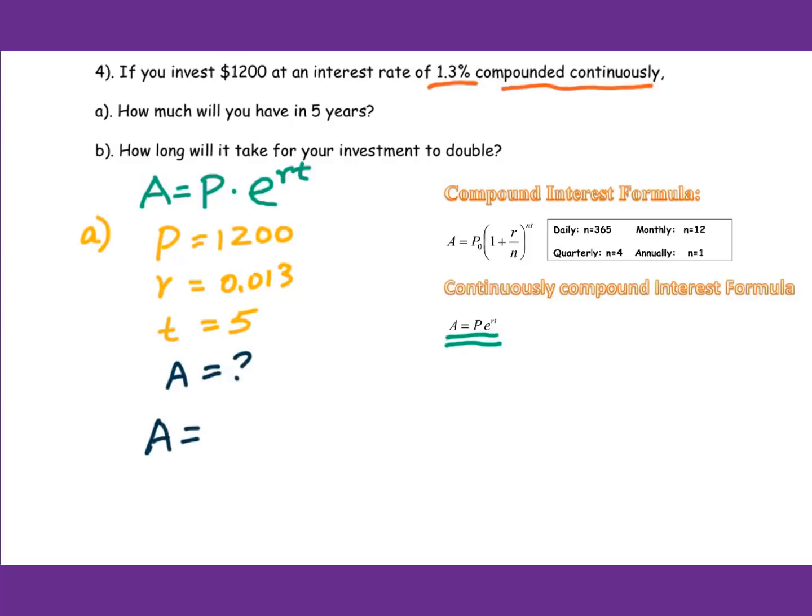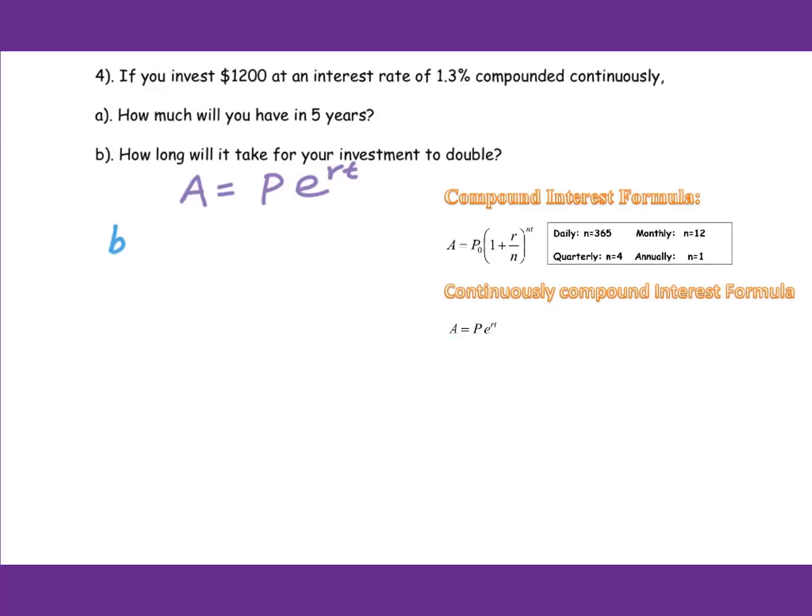So we plug into this formula, you got 1200 times e to the 0.013 times 5. We put it into the calculator, you will get $1,280.59 in 5 years.